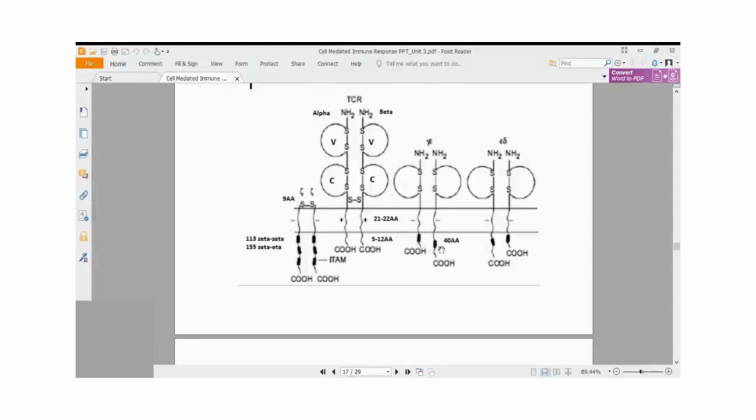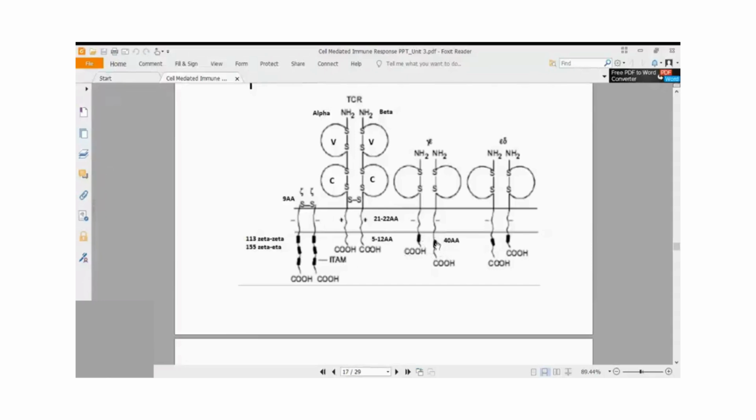ITAM stands for immunoreceptor tyrosine based activator motif, which is called ITAM.